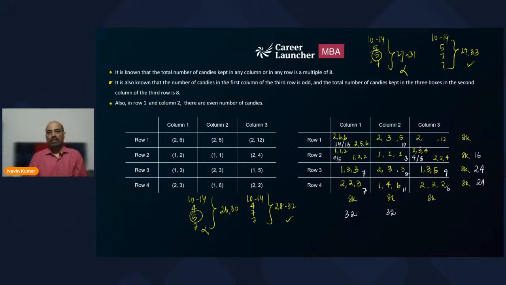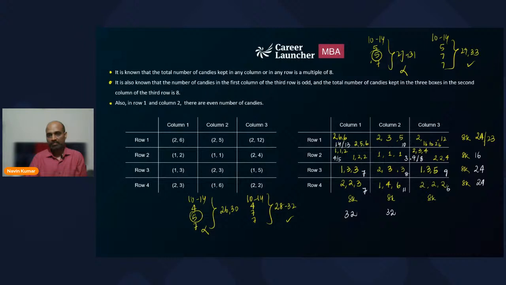Okay. Let's look at row 1 now. 14 plus 10 is 24 and 13 plus 10 is 23. 24 पे तो काम करेगा नहीं. And we know that column 3 is going to give us, this is कितना आया था, 14 plus 2 16 to 26.